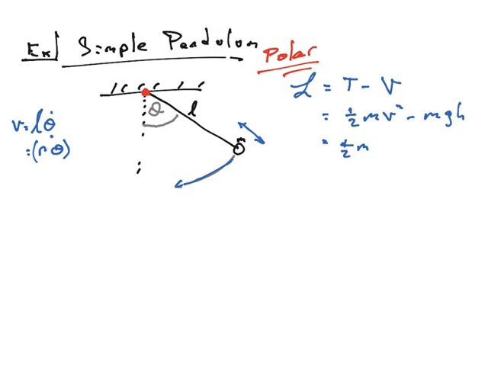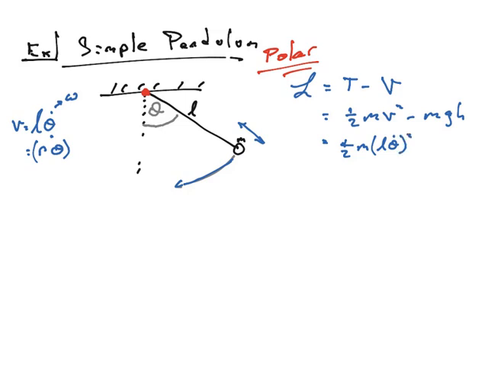Since my radial distance isn't changing, L is a constant, only the theta is changing. And so theta dot, sometimes you'll call that omega, the angular velocity. So for my velocity, it's L theta dot.